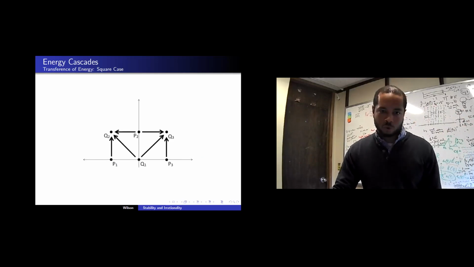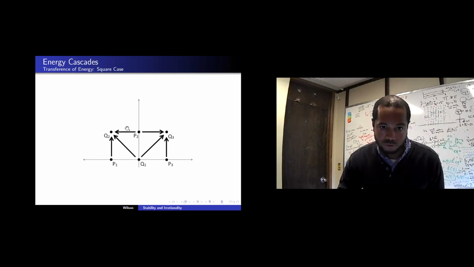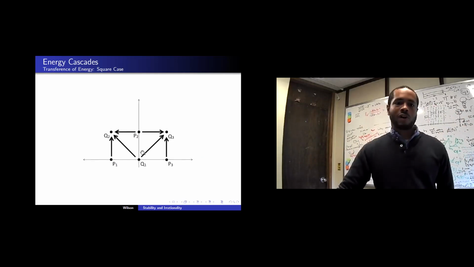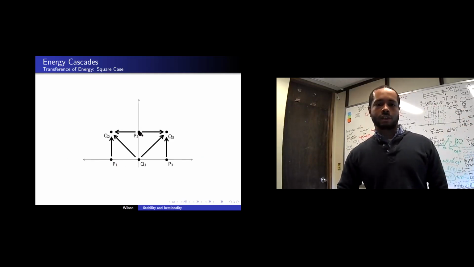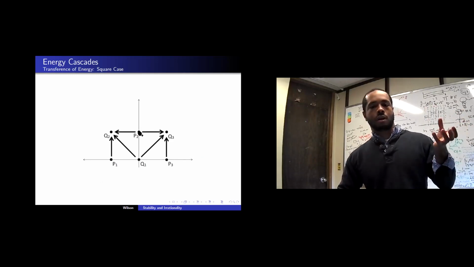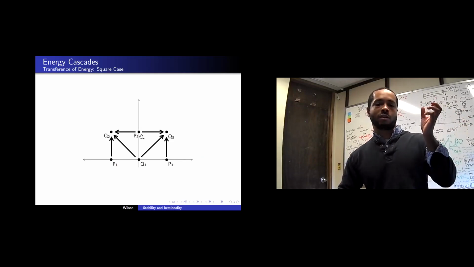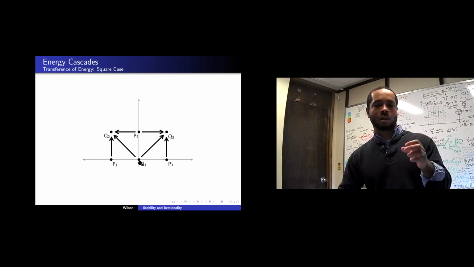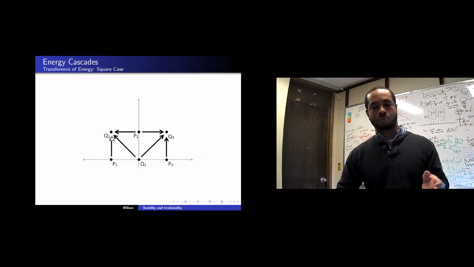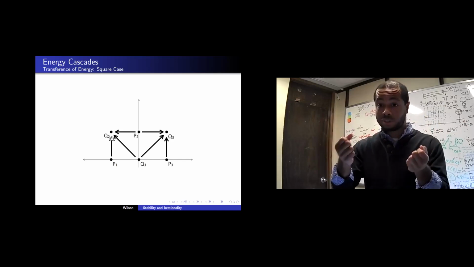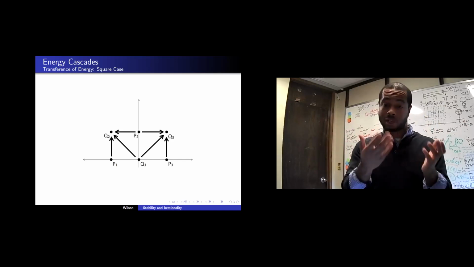What I can do is form rectangles here. I have two rectangles, one on the right side and one on the left side. If I start off with energy, let's say my initial condition, I have activated the modes at P2, P1, and Q1, then energy should pass to Q2, because I have interactions between those modes given in my resonance system.